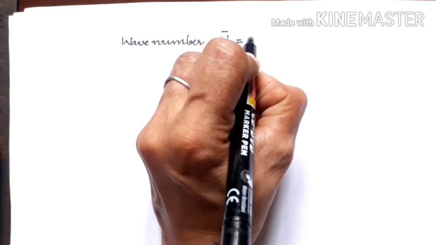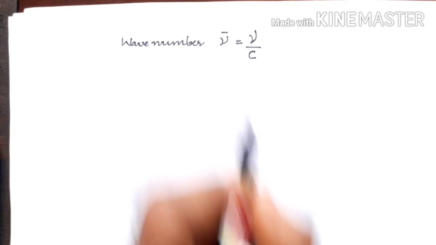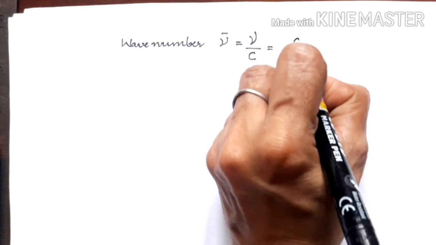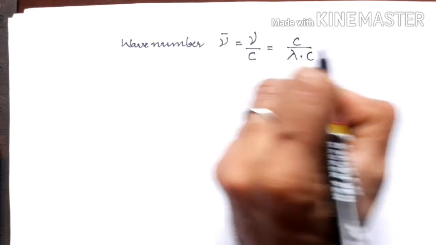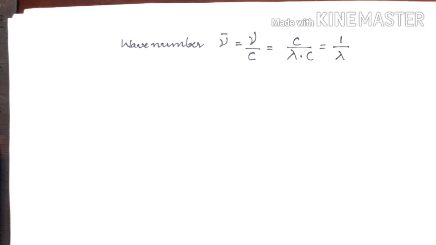Once we have calculated the frequency, we can also calculate the wave number nu bar, which is related to frequency by the relation nu by c is equal to nu bar, which is equal to c by lambda into c, which gives 1 by lambda. So you find that wave number is nothing but number of wavelengths per unit length, and it is known as nu bar, and its unit is meter raised to minus 1.